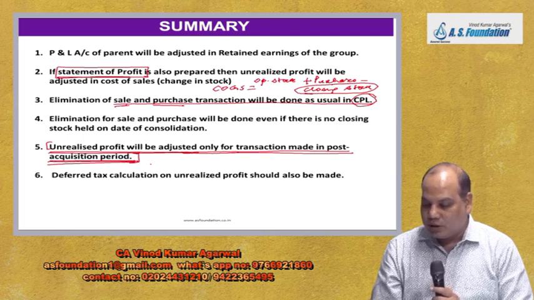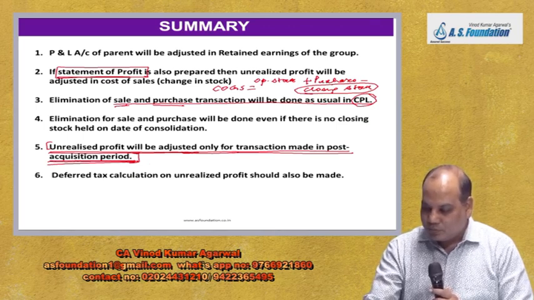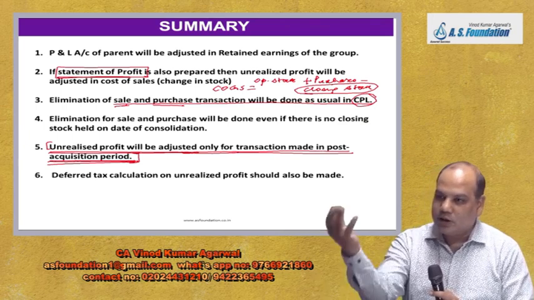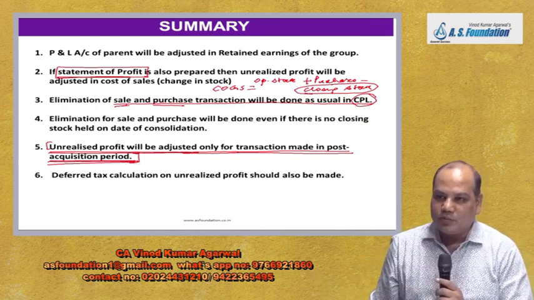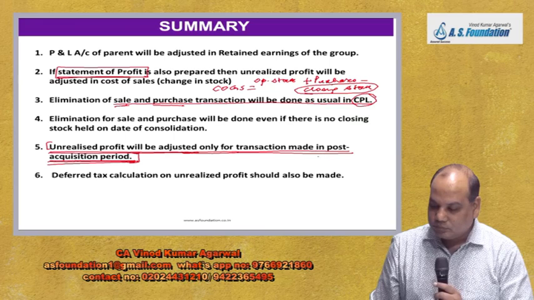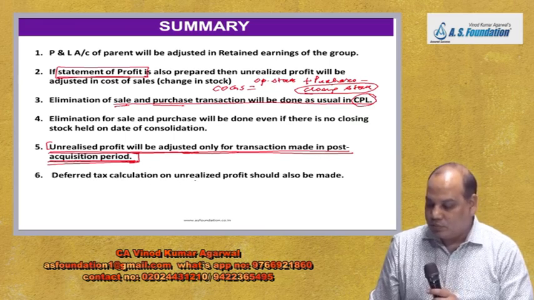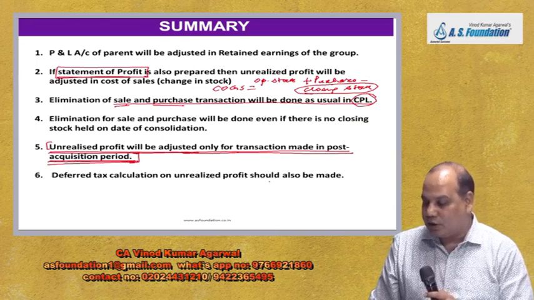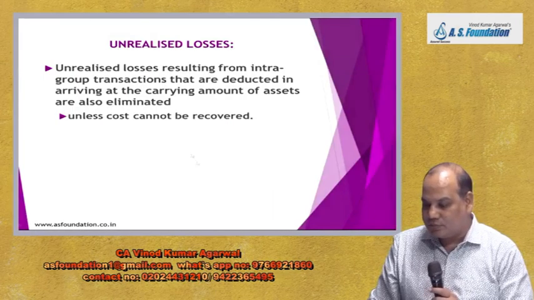So don't make adjustment for unrealized profit if the sale was made in the pre-acquisition period. Then deferred tax calculation will also be made on unrealized profit if you are given tax rate in the problem.